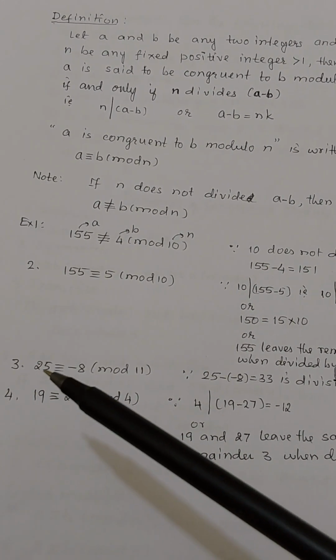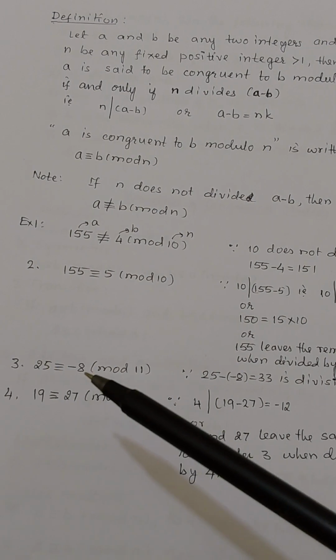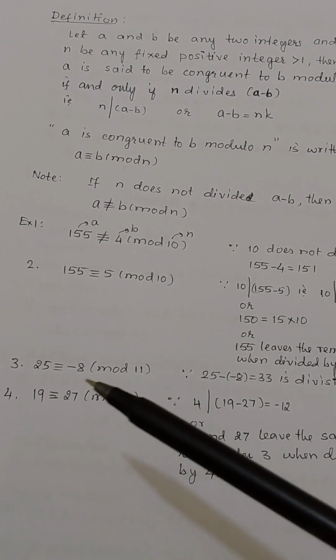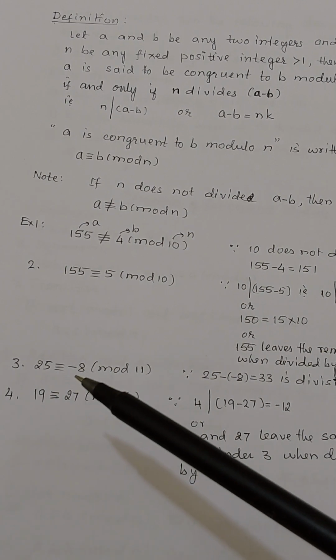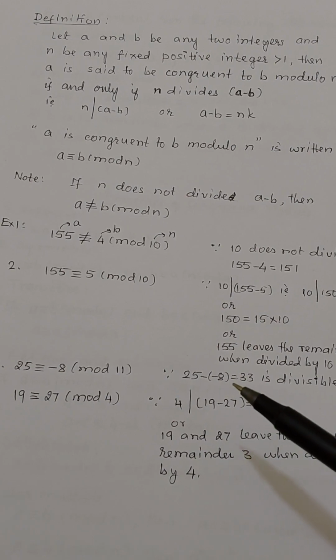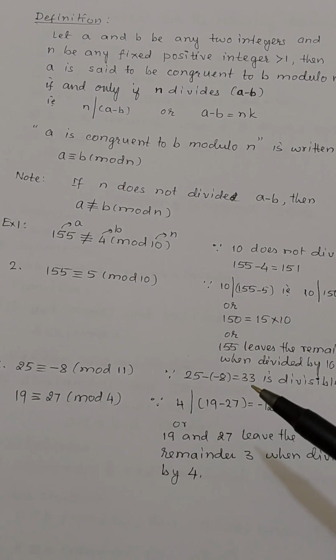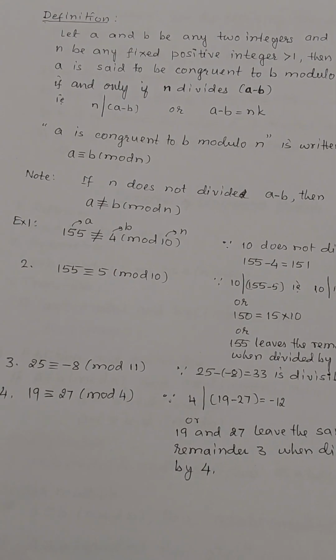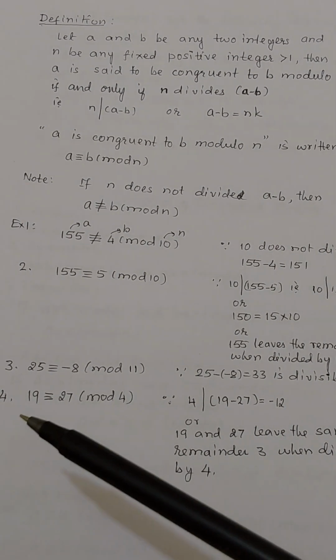In the third example, 25 is congruent to minus 8 mod 11, because 11 divides the difference of 25 and minus 8. 25 minus of minus 8 is 33 and it is divisible by 11. So 25 and minus 8 are congruent.